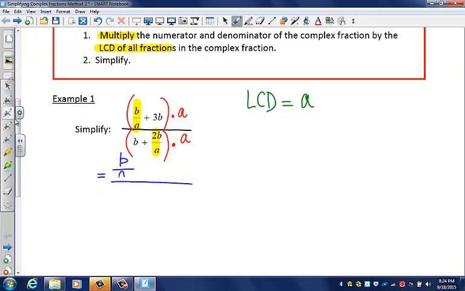So I've got b over a plus 3b, and then b plus 2b over a. I need to multiply my first fraction by a, and I need to multiply my 3b times a. In the denominator, I need to multiply the b times a and that fraction times a.